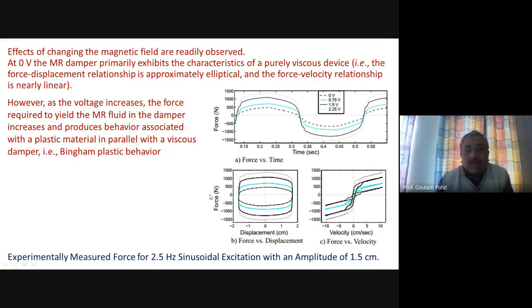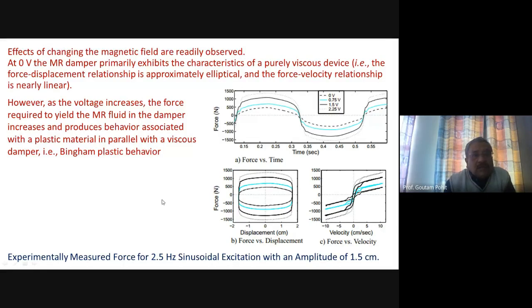Now, as we are applying the magnetic field, we find that from the elliptical, it is coming to almost like a square sort of thing. So the force displacement curve and also the force velocity curve, both are changing in nature.